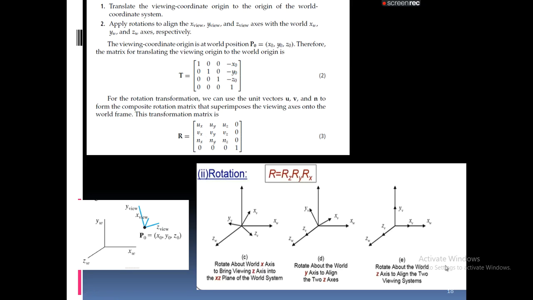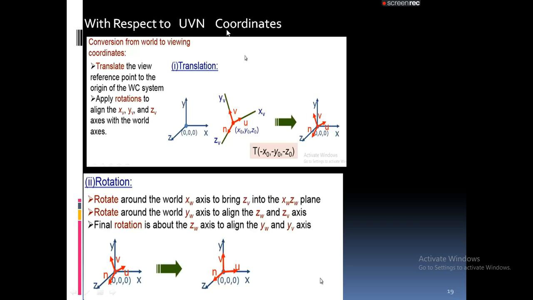The same example I would like to explain with respect to UVN coordinates. With respect to UVN coordinates, how do we map world coordinates to the viewing coordinate system? Here also we need two steps.